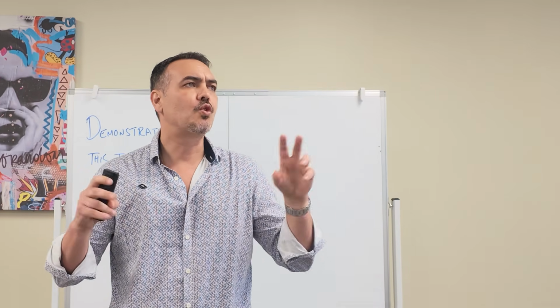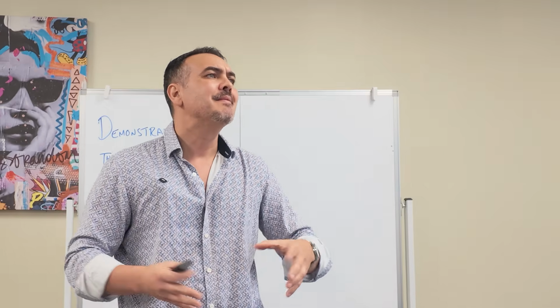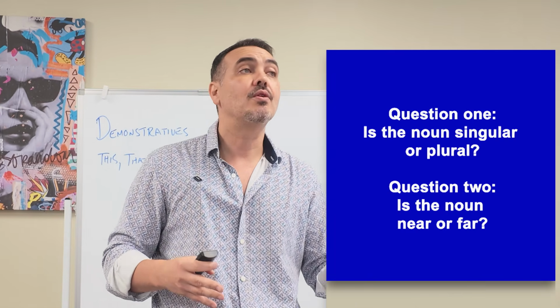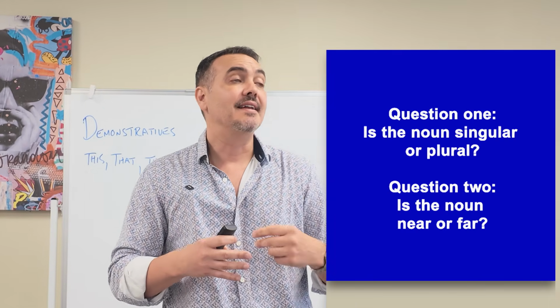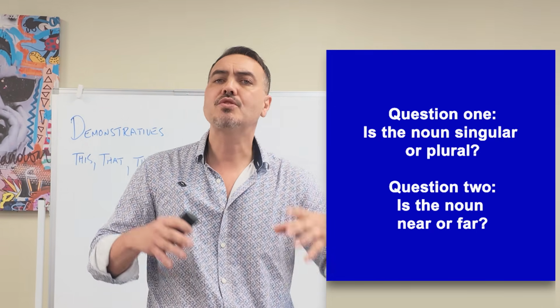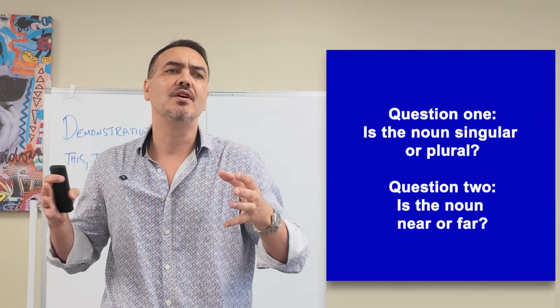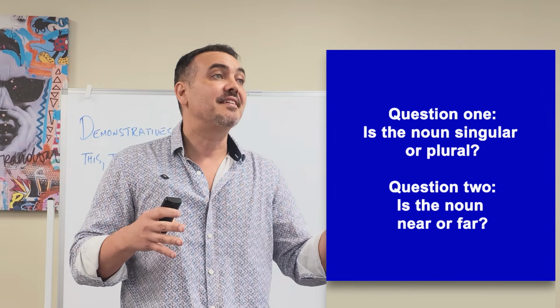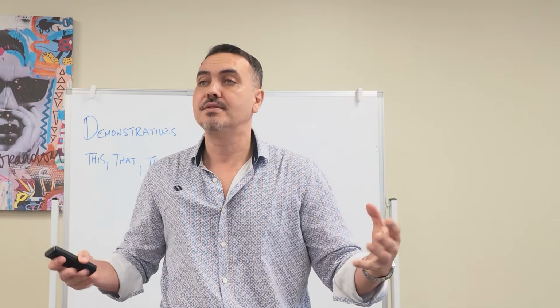There's two questions you want to ask. Is the noun singular or is it plural? And is the noun near or is it far? And those questions will help you choose between this, that, these, or those, okay?